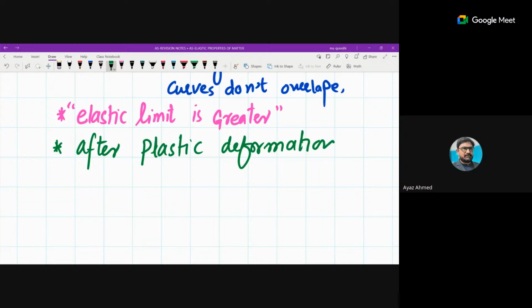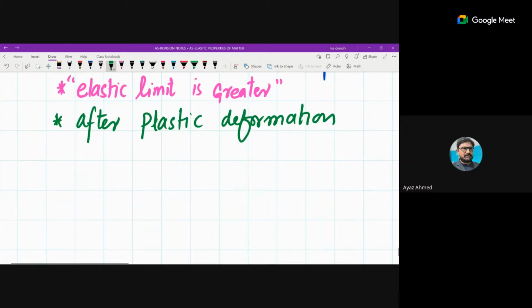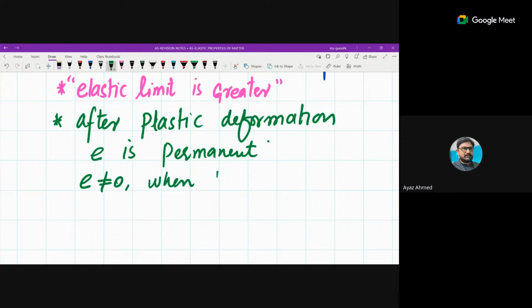After plastic deformation, the extension is permanent. That is, extension is not zero when the deforming force is removed. Are you getting my points? Yes.